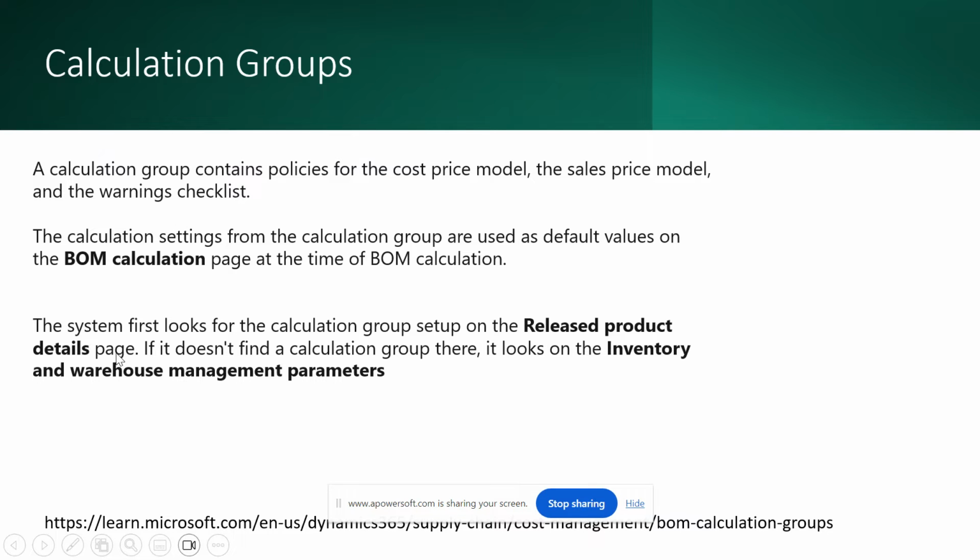So against each and every item, a calculation group needs to be tagged. If you have created a raw material item, just make sure that you have a calculation group tagged to the release product item. If it is not tagged, then you need to have the calculation group tagged at the parameter level.